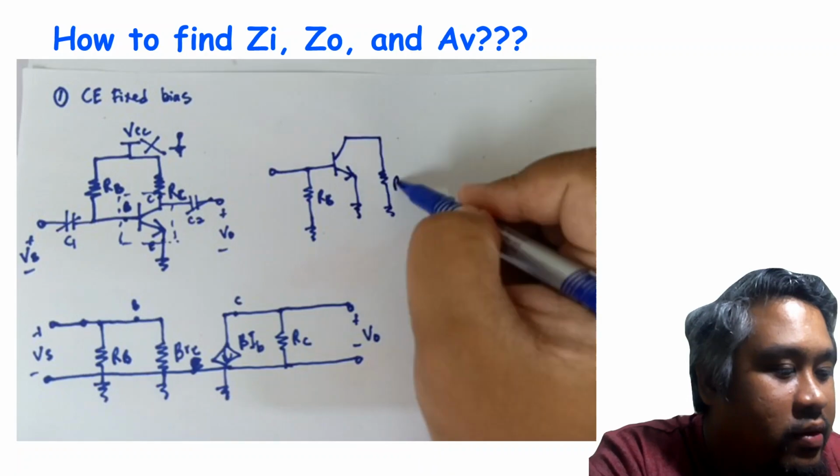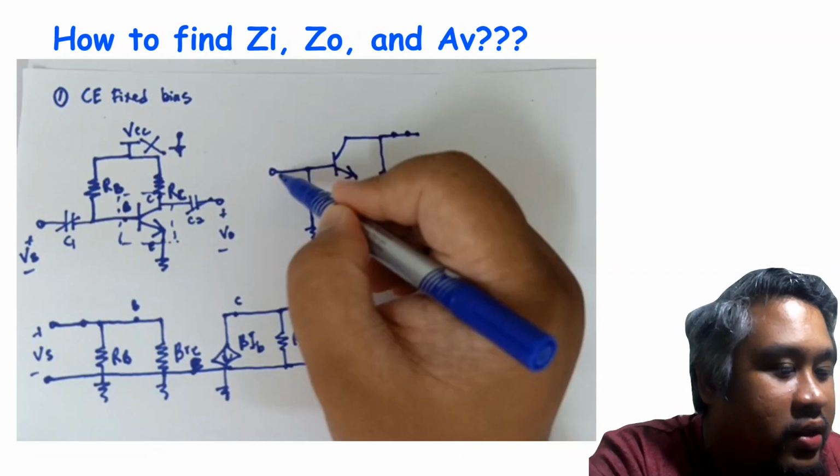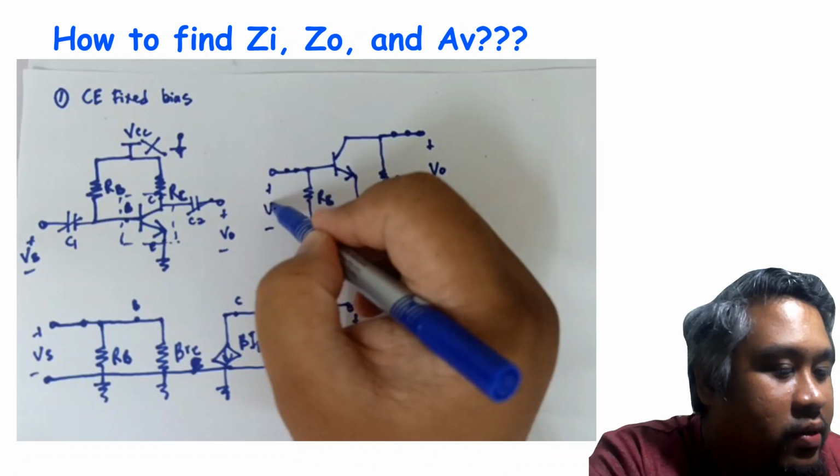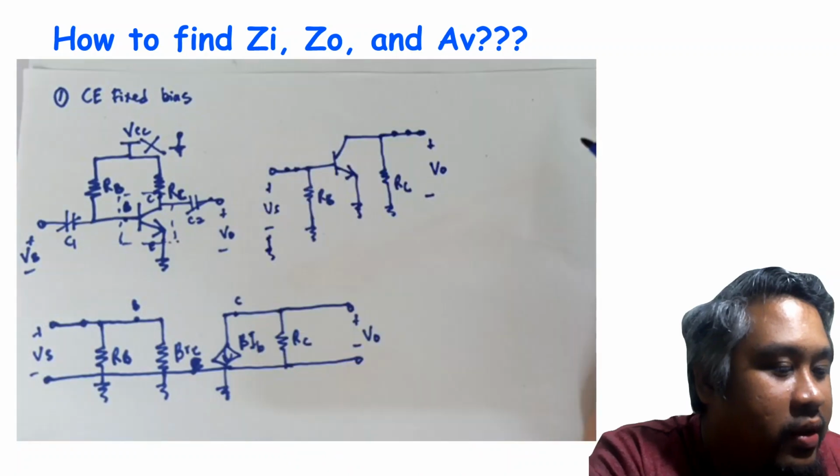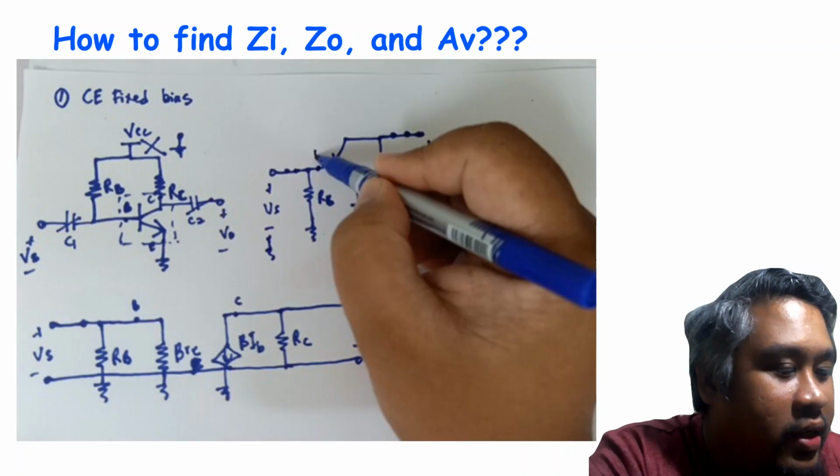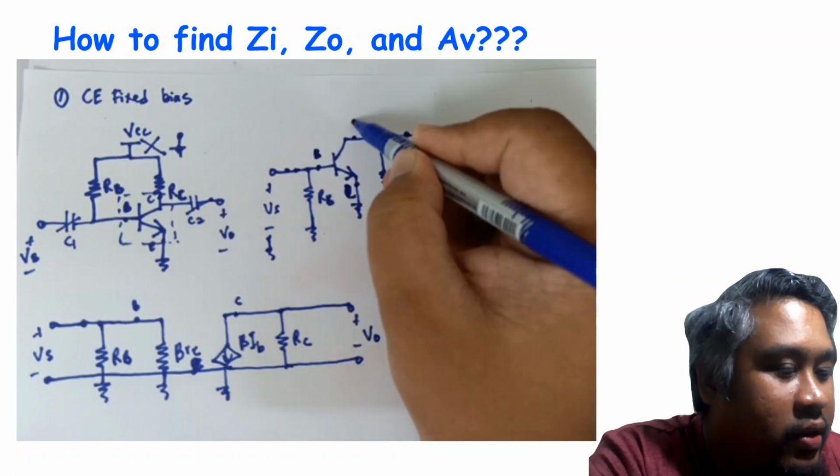LC, ground, and then this one is actually C1 short circuit, C2, this one C1, and then this is our V out, and then this is our VS. Okay, so again base, emitter, and then collector.